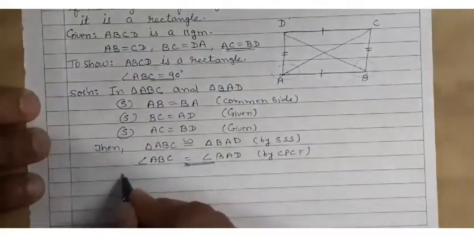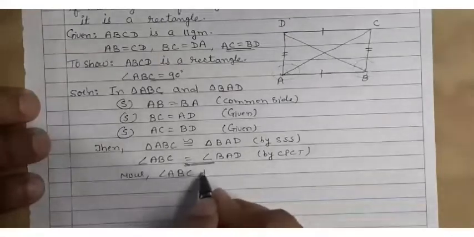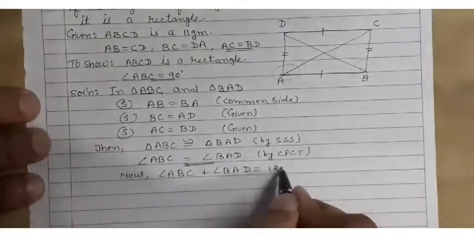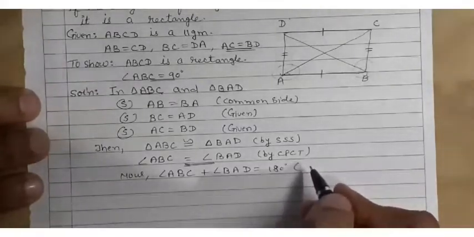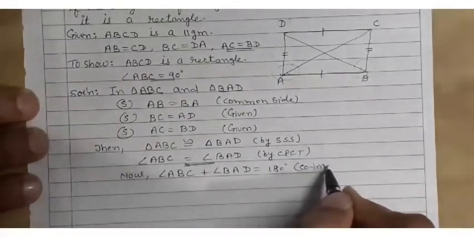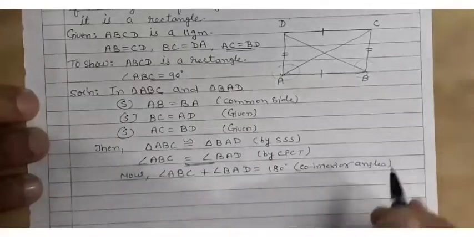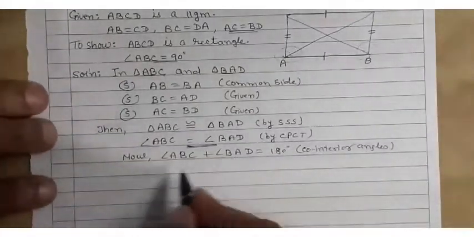Let me take now angle ABC plus angle BAD is equal to 180 degrees. I am writing co-interior angles. Now see, both are equal.